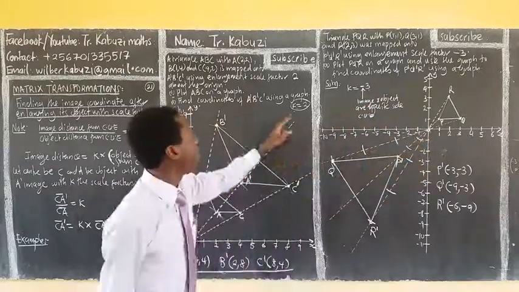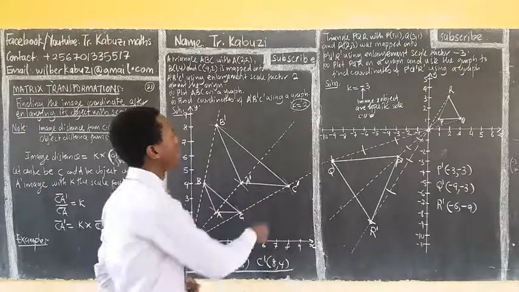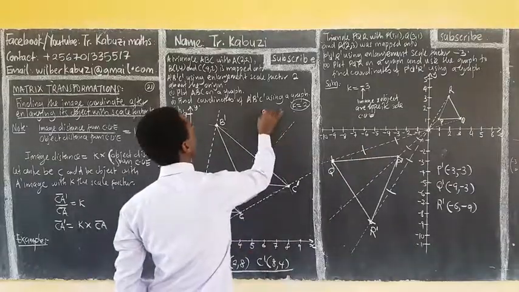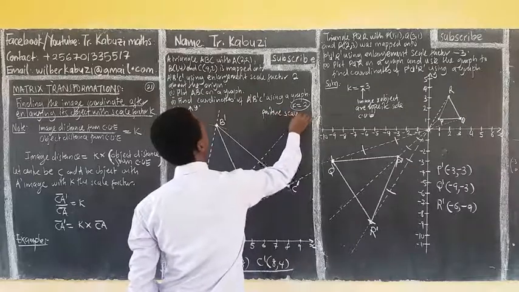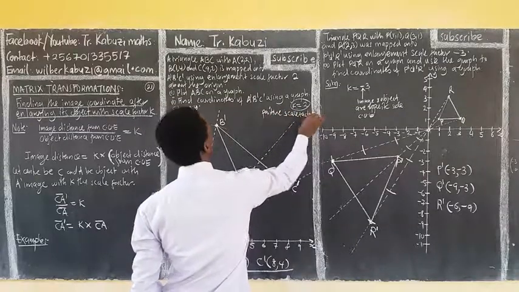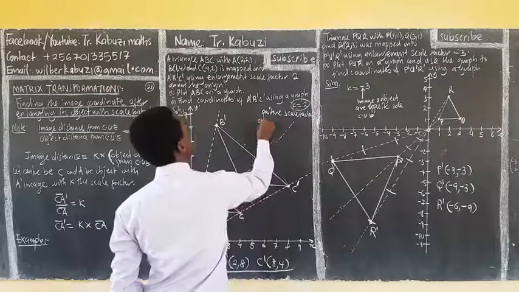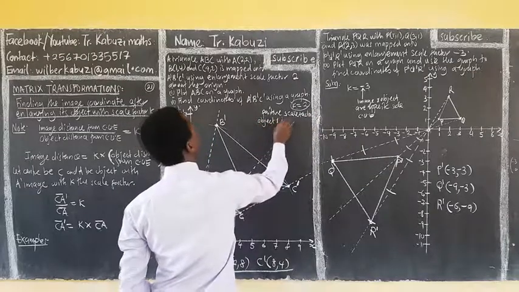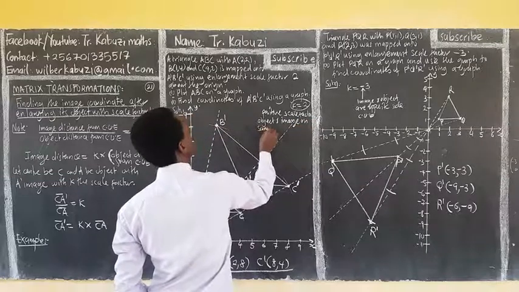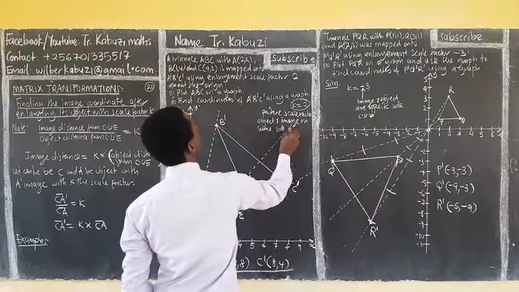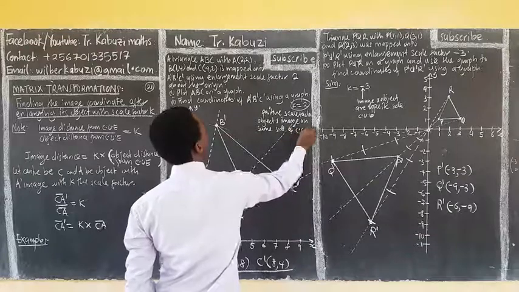If it's positive, they are on the same side. So a positive scale factor means object and image are on the same side of the center of enlargement.